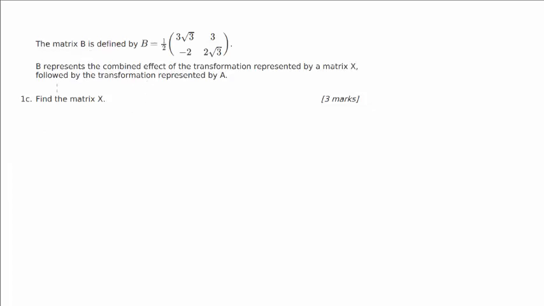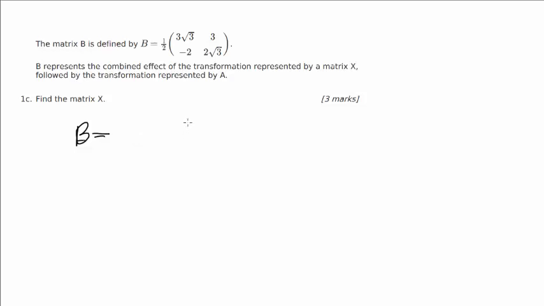Now we look at part C. Matrix B is defined by this matrix. It represents a combined transformation represented by the matrix X, followed by the transformation represented by A. I want you to find matrix X. The important thing to realize is that matrix B is equal to the combined effect of X followed by A. The order that you write these 2 matrices is important.